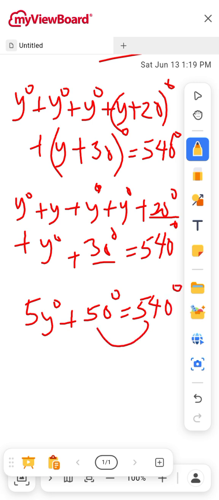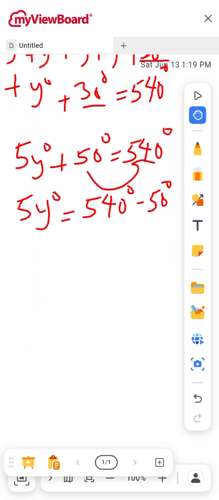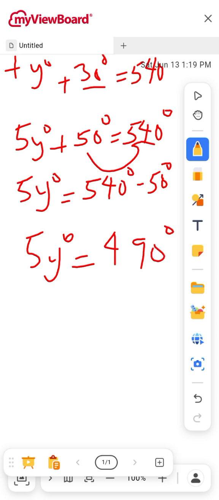So let's collect like terms. Let the 50 go and join 540. So 5y degrees equals 540 degrees minus 50 degrees. So when we do that, we are going to have 5y equals 490 degrees.